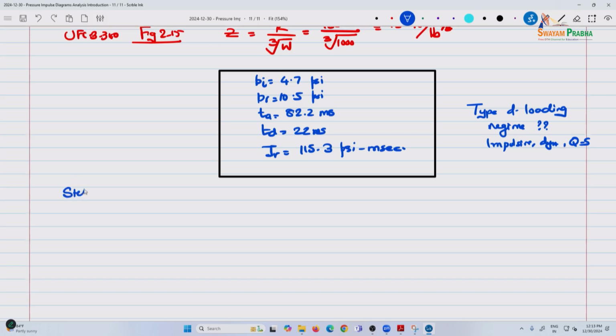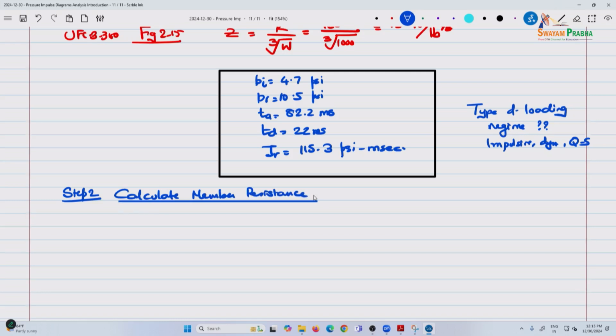Second step is to calculate the member resistance, and here you can use the IS. You should use the IS 456 provisions and methodology that you have learned.